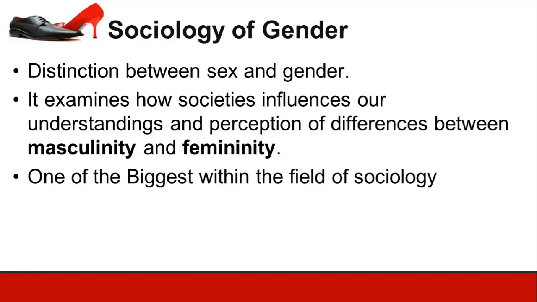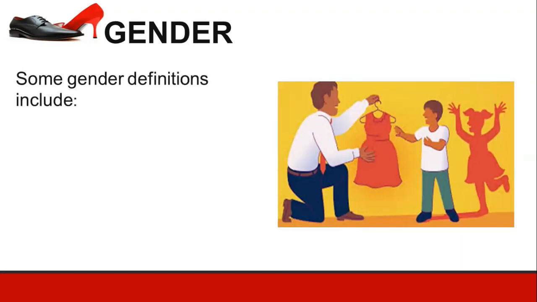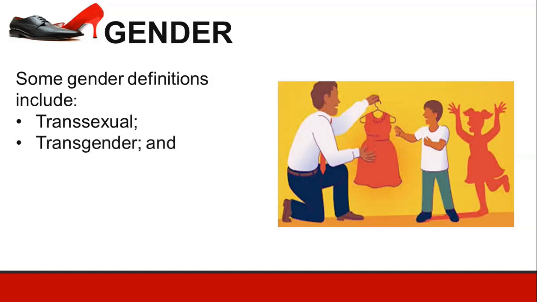So, there are different things or different, what do you call this? Different definitions or different words that may be included in defining gender. So here are some definitions of gender. It may include transsexual, transgender, and intersex.